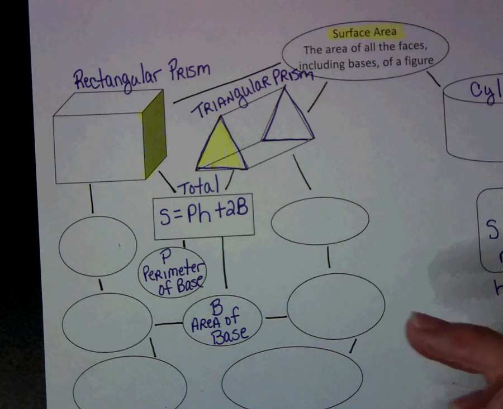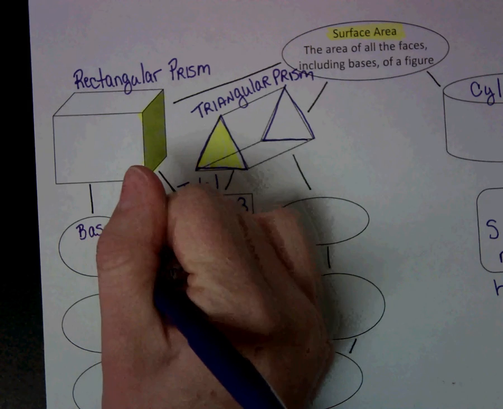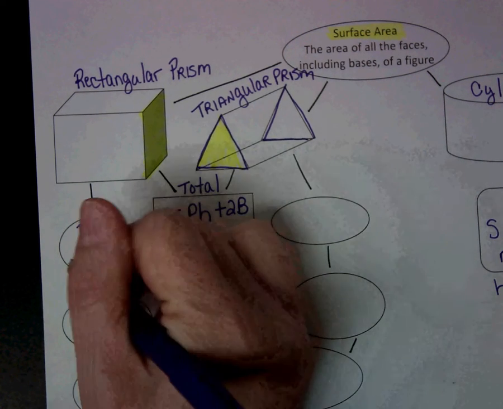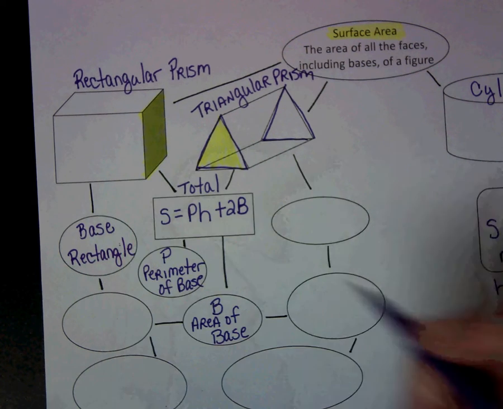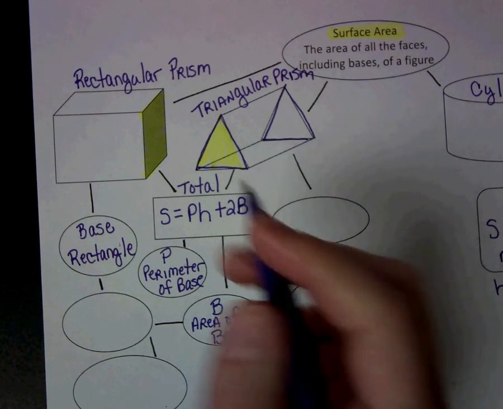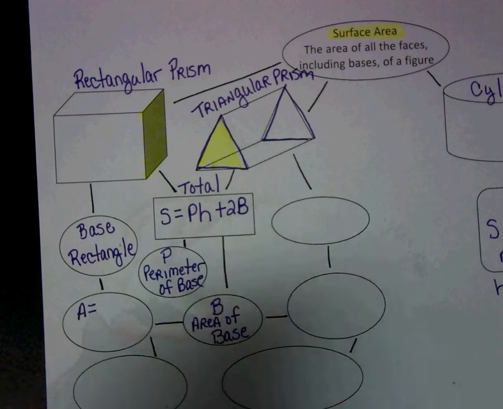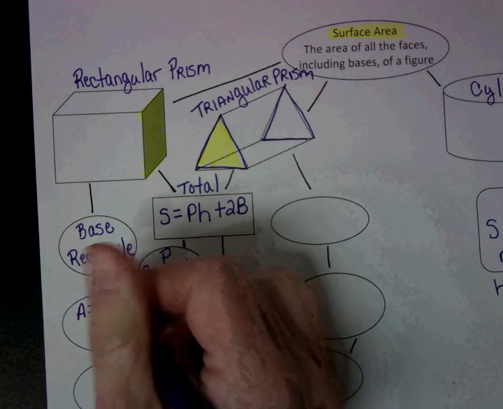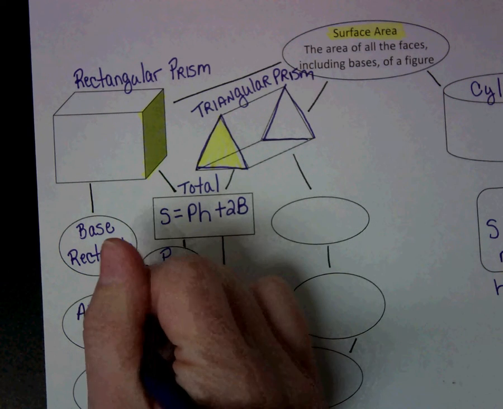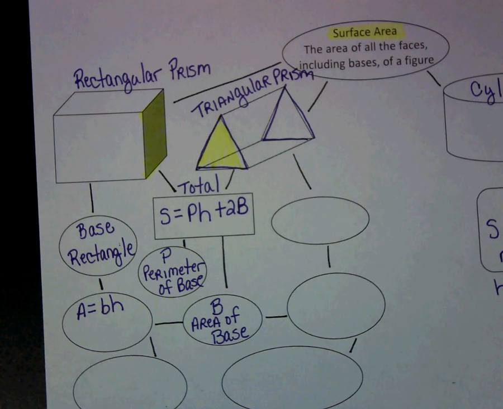So let's go and look at our rectangular prism. My first question is, what shape is the base? The base is a rectangle. It's called a rectangular prism. And so then, how do we find the area of a rectangle? Look at your formula chart, find area, not surface area, but area. And for a rectangle, it says A equals B H. I really don't like that they use that.